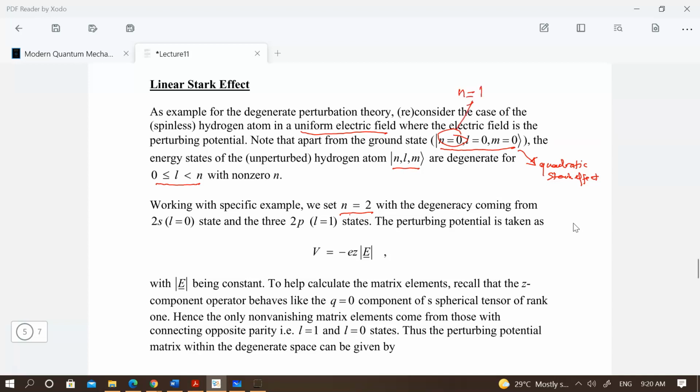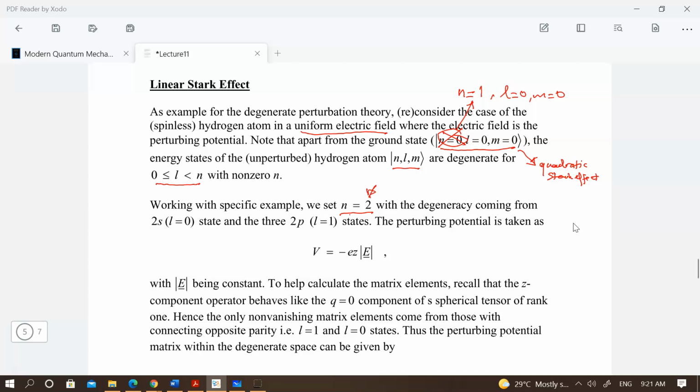Sorry about that. n equals 1, then l equals 0, m equals 0, because your l is always less than n. So this is wrong. The next case, the simplest case for the degenerate case, is n equals 2.